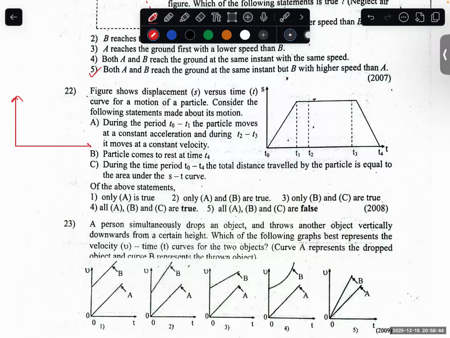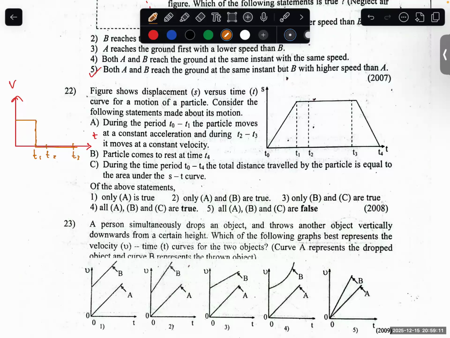Now, if we draw a velocity time graph, just for explanation purposes, until t1 it has a positive acute angle, so a positive constant gradient. So it will be like this. And from T1 until T3, zero gradient, so it remains like this.